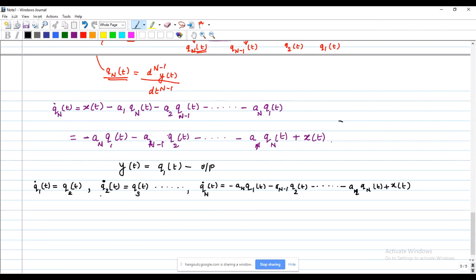Okay, and this is what the equations are.